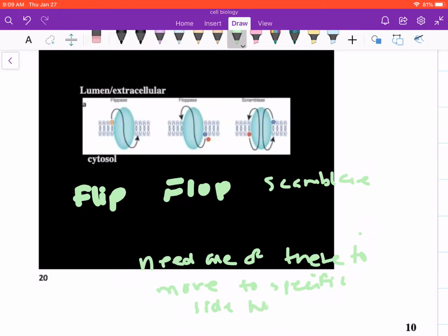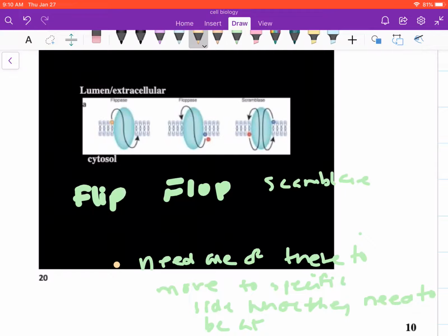I'm going to go back to this first figure here. What questions do you guys have? Yes? So where you said they randomly flip and flop, so it's going to happen in the ER and the Golgi. So they're randomly being reorganized only in the ER.